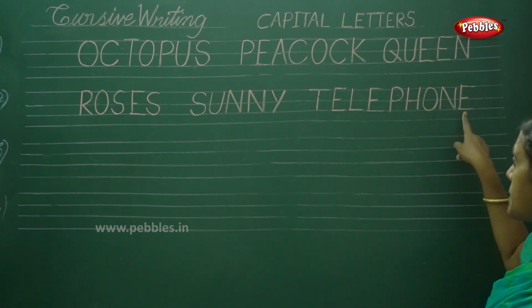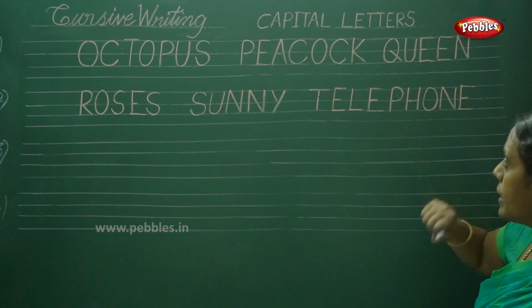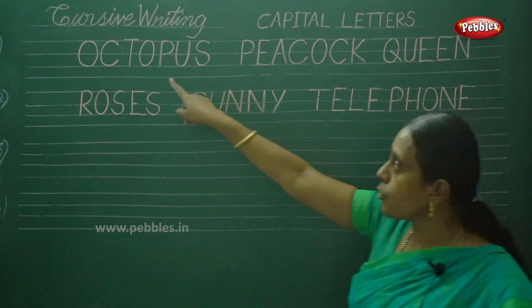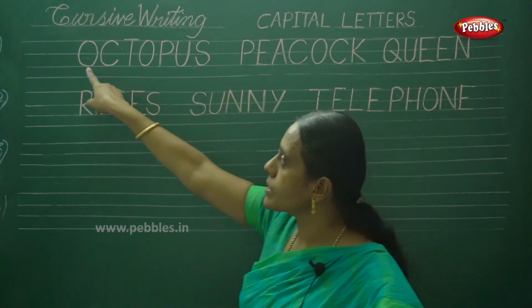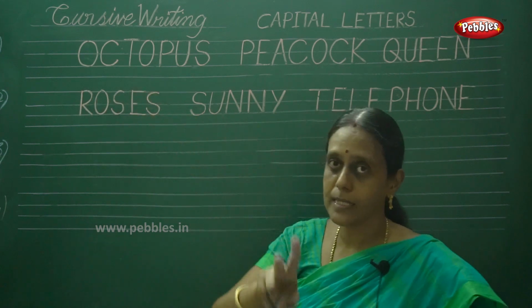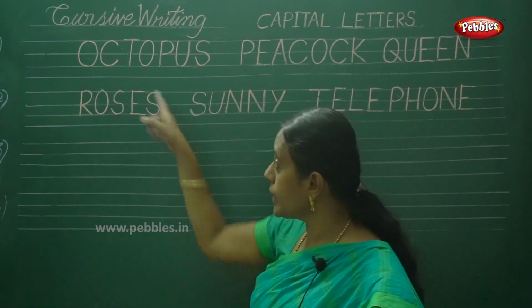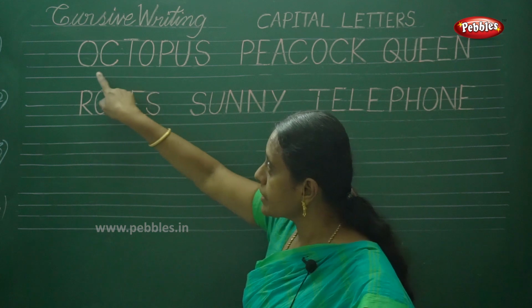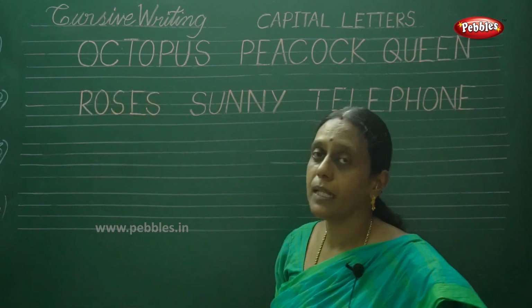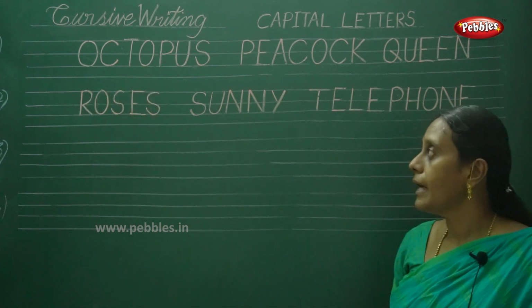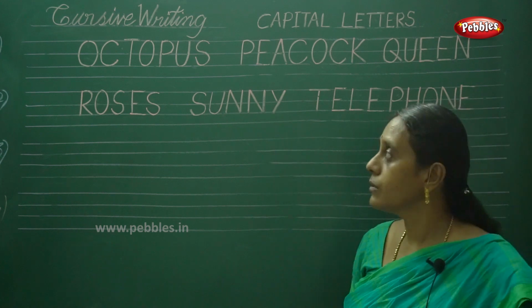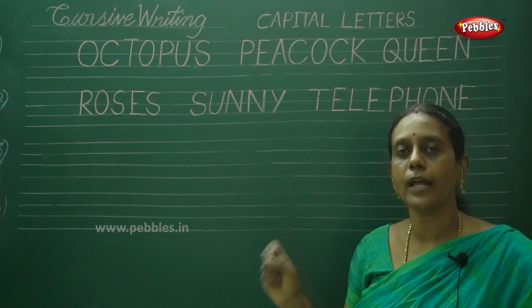Okay, so observe this. Here also same like this. Octopus. Here 2 O, same alphabet comes twice. So your writing format should keep these 2 alphabets similar in shape and size. Okay, shape is very important in your writing.